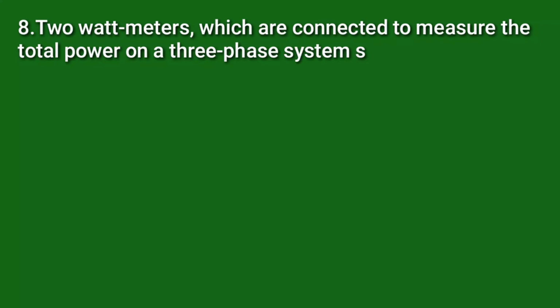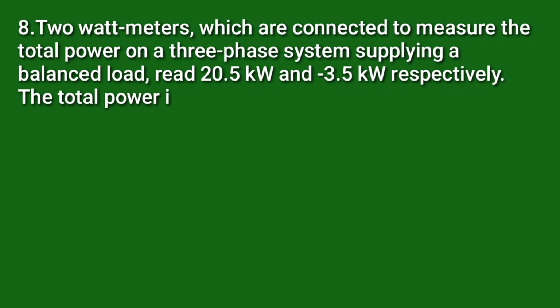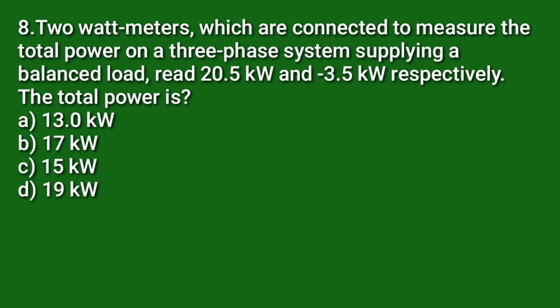The eighth question: two wattmeters connected to measure the total power on a three-phase system supplying a balanced load read 20.5 kilowatt and minus 3.5 kilowatt respectively. What is the total power? A 13.0 kilowatt, B 17 kilowatt, C 15 kilowatt, D 19 kilowatt. Wattmeter 1 reads 20.5 kilowatt, whereas the other wattmeter has a negative reading, minus 3.5 kilowatt.